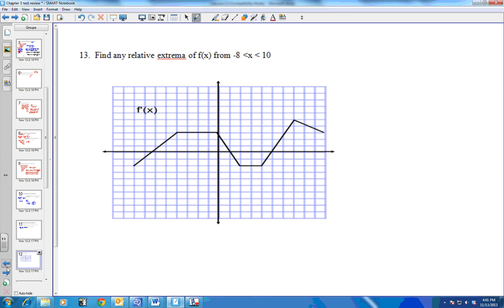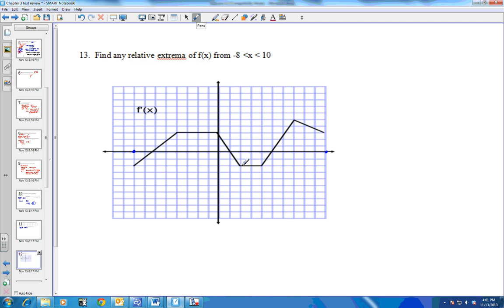13. Find any relative extrema, or maxes and mins, from the interval from -8, right here, to 10. So if they've given me my derivative, that's what I'm looking at. I'm looking at f prime, and they want me to find the maxes and mins of my f of x.